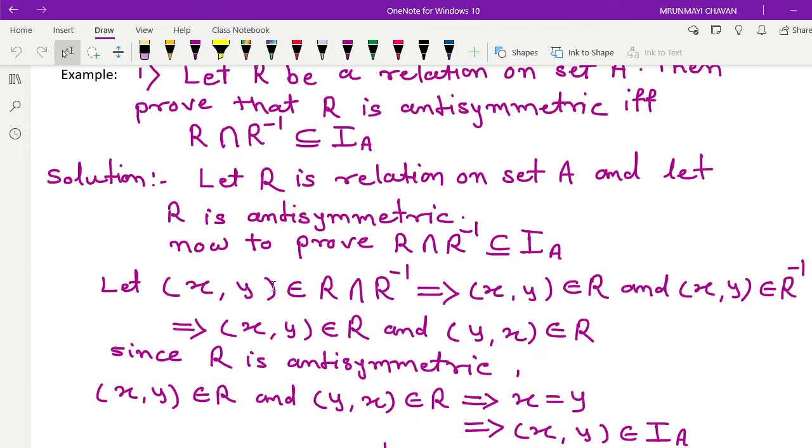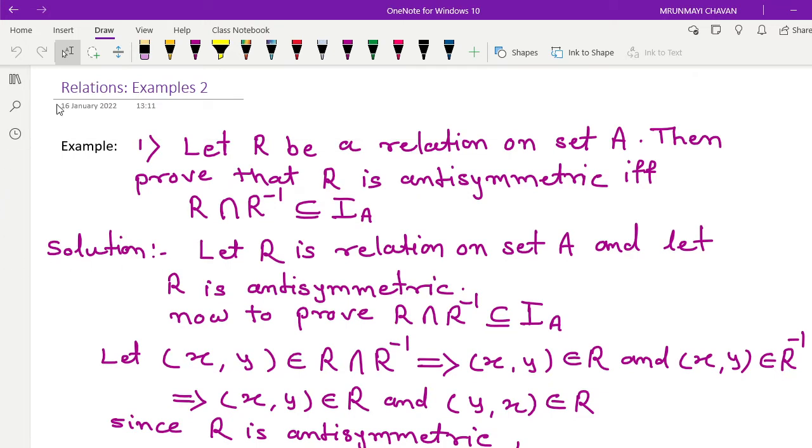So here we have to prove that if R is antisymmetric, then R intersection R inverse is subset of IA, and conversely, if R intersection R inverse is subset of IA, then we have to prove that R is antisymmetric.